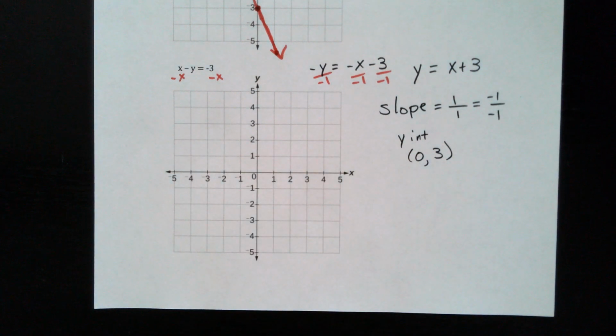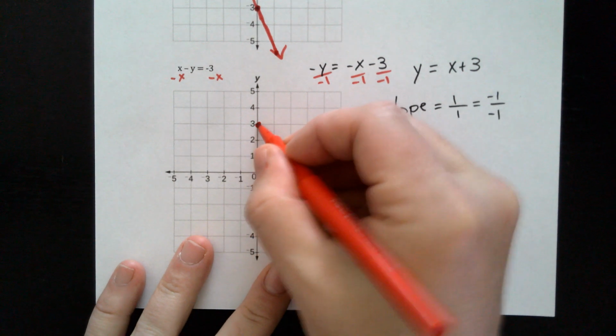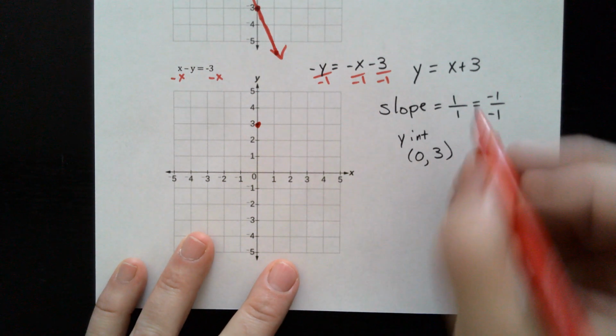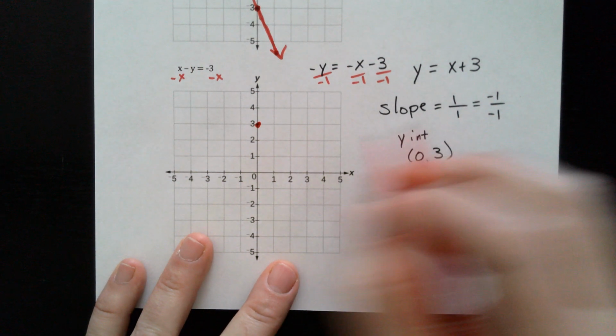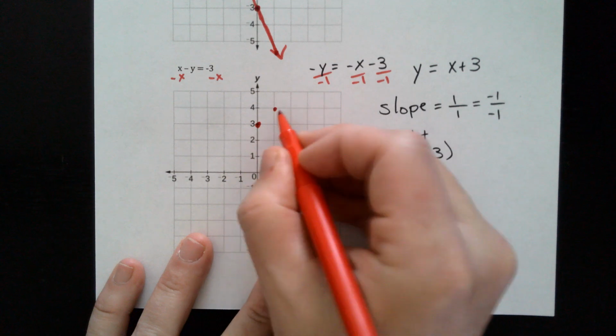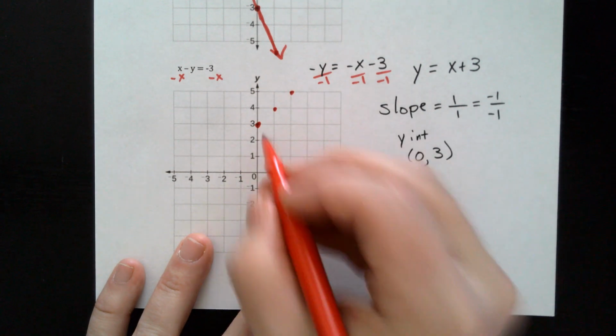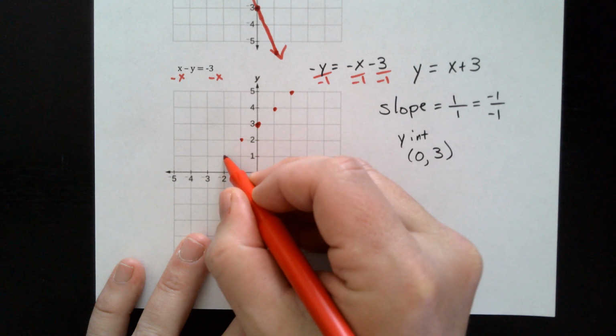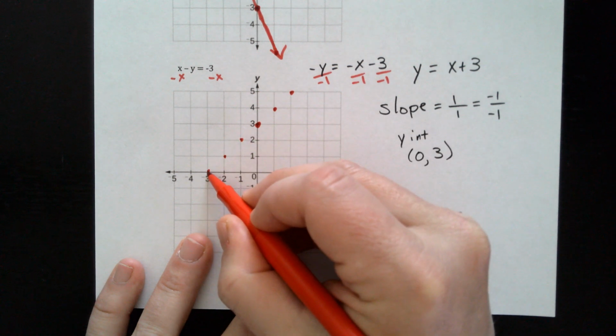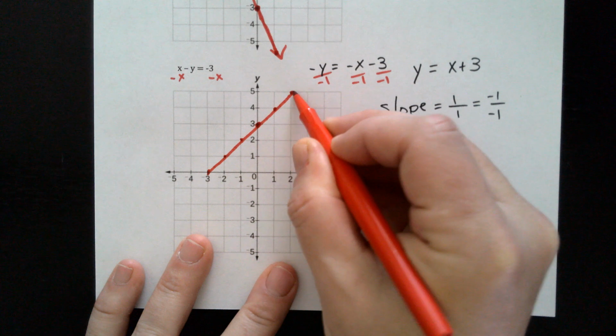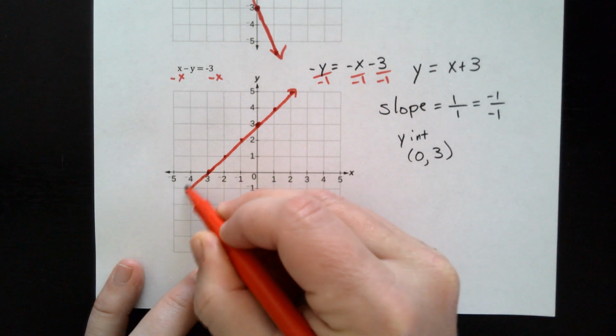So we can start at 3, 1, 2, 3. Then we can use our slope. We can either go up 1, right 1, using this one, so up 1, right 1, and up 1, right 1 again. Or I could use this one, which is down 1, left 1, down 1, left 1, and connect the dots. And you've got a line.